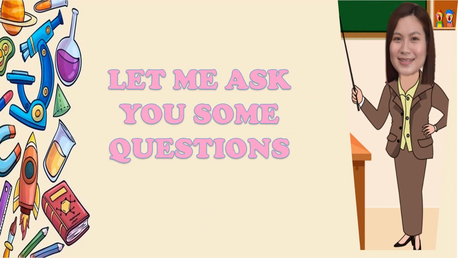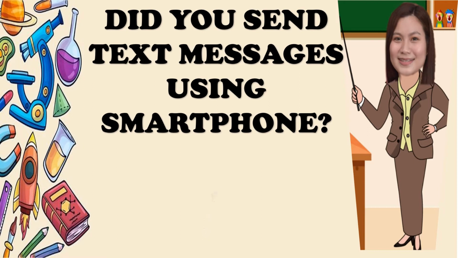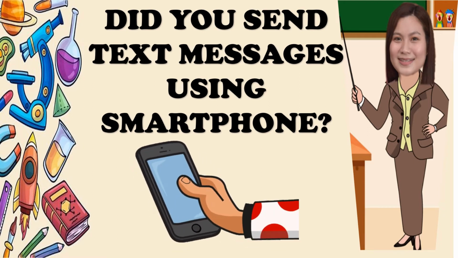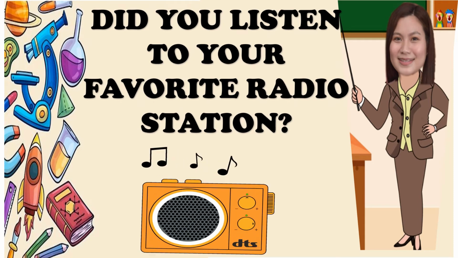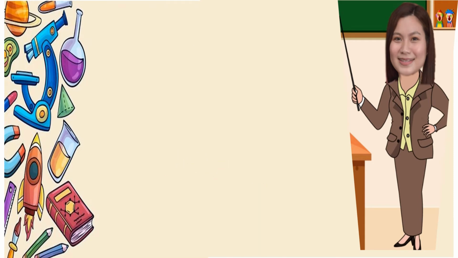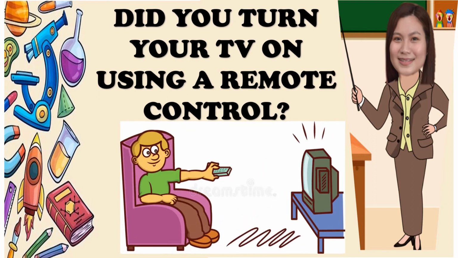Before we start, let me ask you some questions. Did you send text messages to somebody using your smartphone? Did you listen to your favorite radio station? Or did you turn your television on using a remote control?